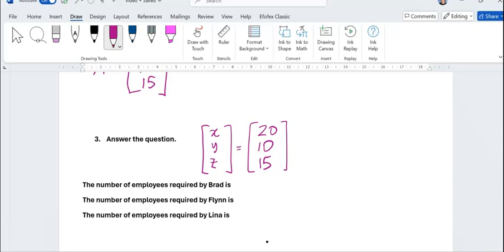The number of employees required by Brad is 20, number required by Flynn is 10, number required by Lena is 15. So that's the sort of question that we can formulate to get you to use matrix equations in a slightly different way to what you might have done already.